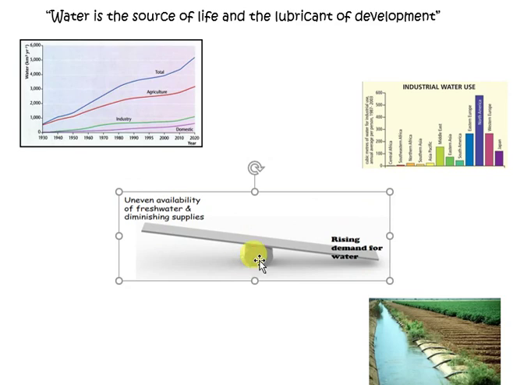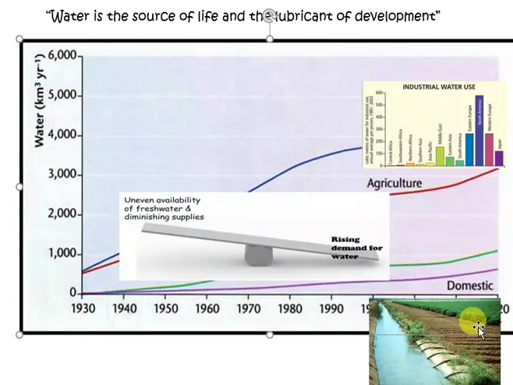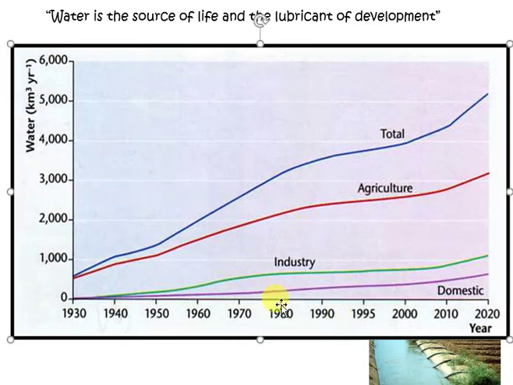So what's causing the rise in demand? Let's have a nosy. If we have a look at this graph, it's quite startling, really. If we look at the historical trend for water demand and water usage, we can see it's increased and it's carrying on increasing.